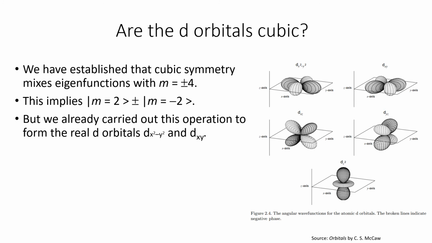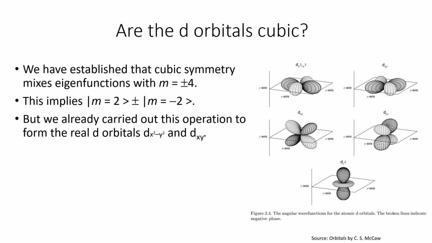But what's neat about this is that we went through this exact process when we were making d orbitals real in the first place. Because you might remember that these are all complex functions, and this is the e to the im phi, and so to make those real, we had to take linear combinations plus and minus to produce functions that were purely real or purely imaginary.